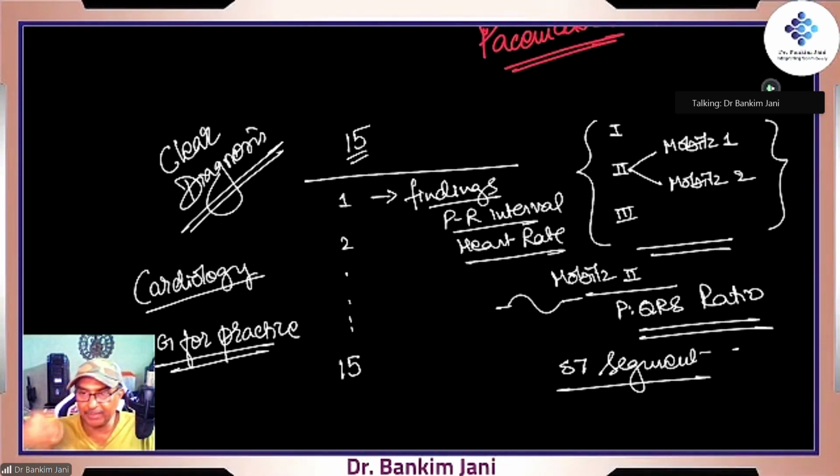In that there will be individual images, or I can combine them into just one PDF so that you have to download just one PDF. Page wise there'll be 15 pages, and on every page there will be one ECG.